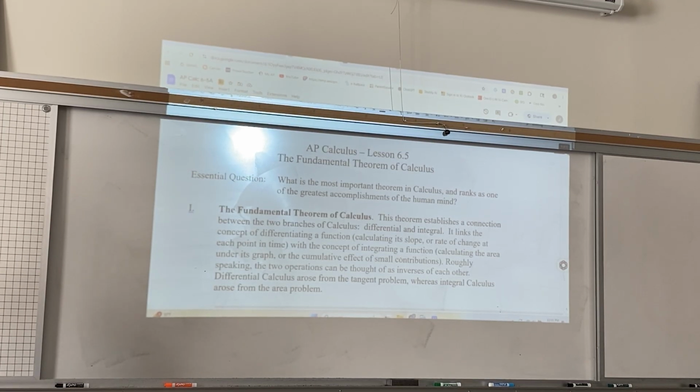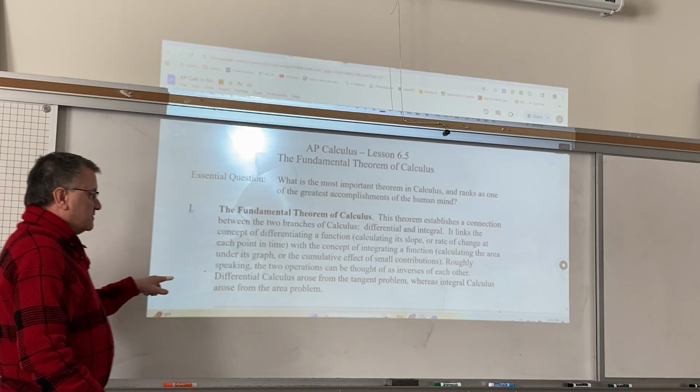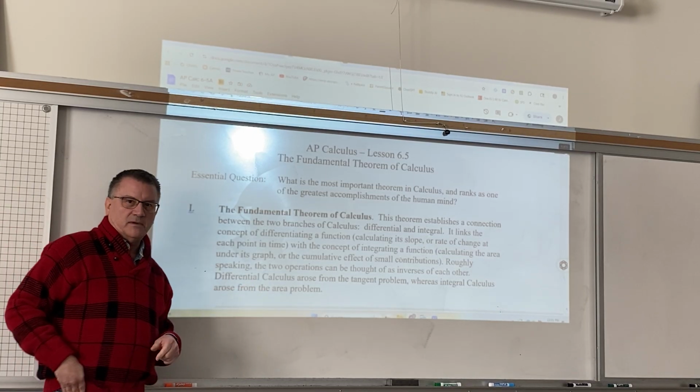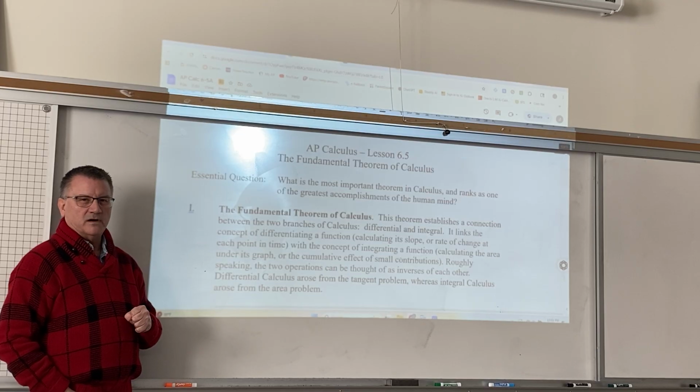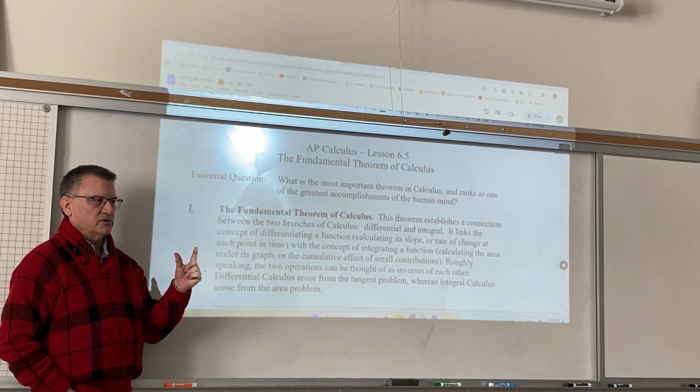Here we go. Roughly speaking, the two operations can actually be thought of as inverses of each other. Derivatives arose from the tangent problem. How can I get the slope of a curve by using the tangent but making the tangent get closer and closer so that the difference between the 2 points is basically 0?